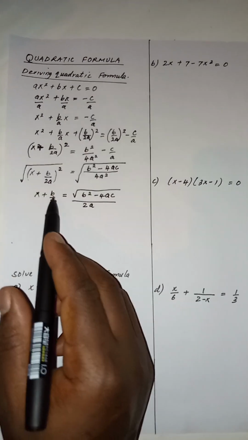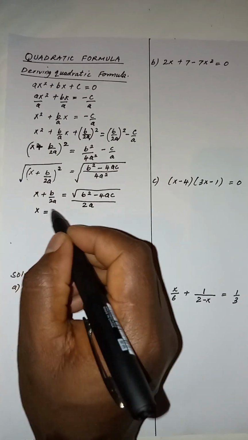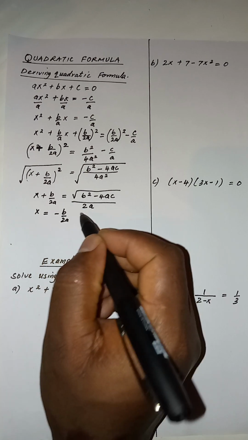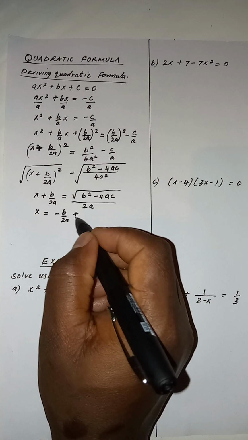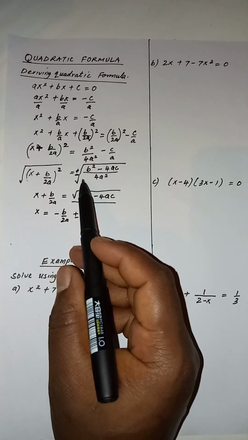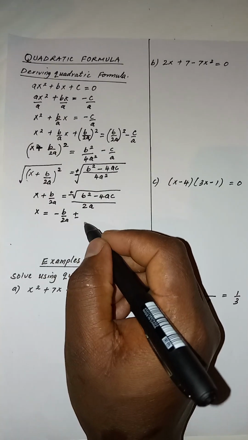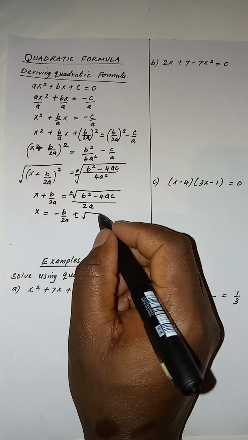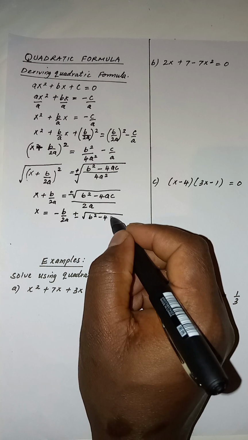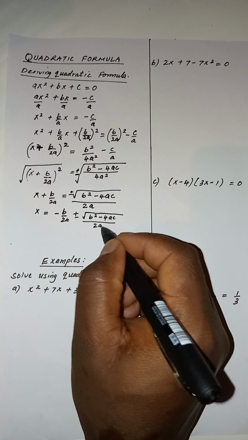Now we take b over 2a to the other side, so x is equal to minus b all over 2a plus or minus, because when we introduce the square root sign we say plus or minus, the square root of b squared minus 4ac all over 2a.